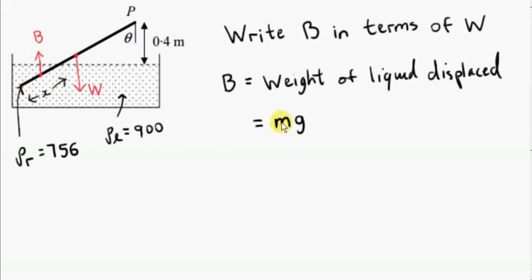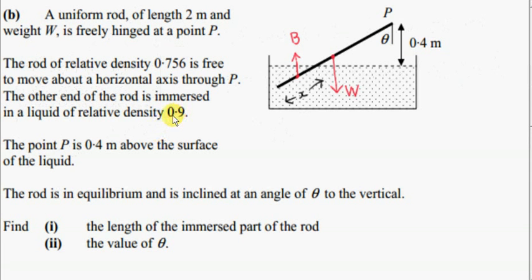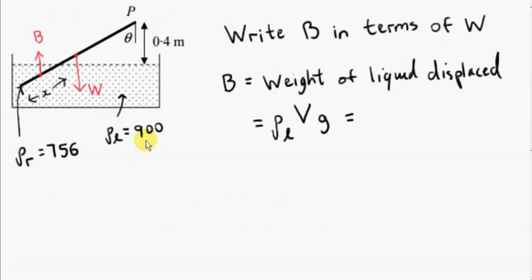That's equal to the mass of the displaced liquid times G. Well, it's the density of the liquid times the volume of the immersed part of the rod, because the volume of the liquid displaced is equal to the volume of the immersed part of the rod, and this is multiplied by G. The liquid has relative density 0.9, so its density is 0.9 times 1000, which is 900.